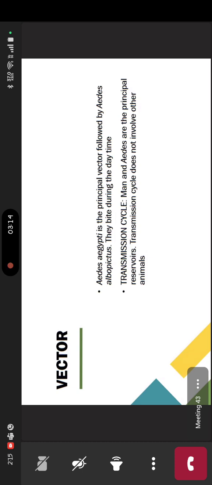So there are various routes of transmission, right? Suppose I'm talking about a parasite for a minute. Suppose I am suffering from a parasitic disease. So what is the most common route of transmission? In case of parasites, the most common route of transmission is the fecal-oral route. What is the meaning of fecal-oral route?